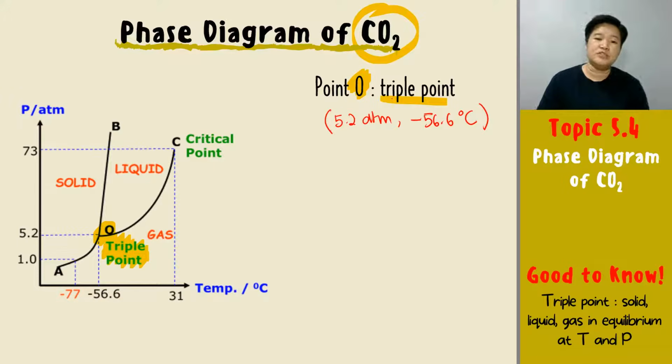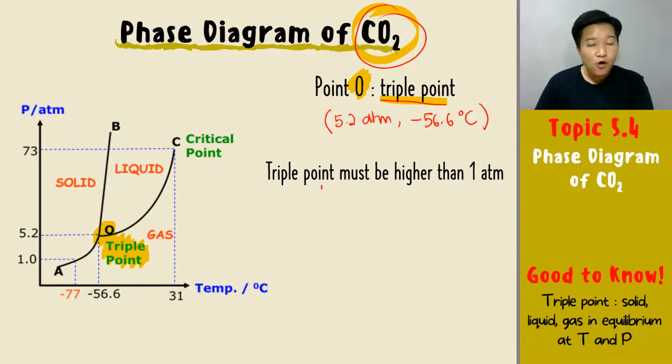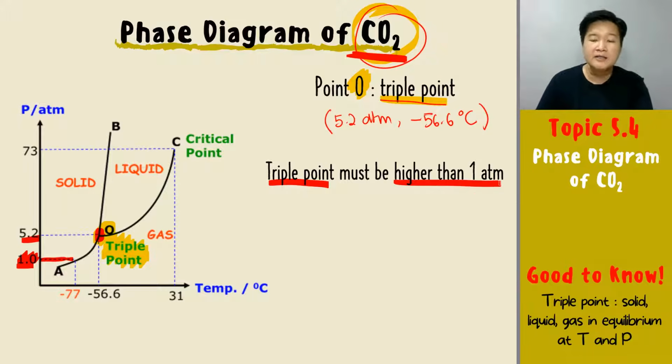That is the position of your triple point for your carbon dioxide. Okay? And as we all agree just now, the triple point for your carbon dioxide over here must be higher than your 1 atm. That is your 1 atm. Okay? Make sure the triple point of your carbon dioxide must be higher than your 1 atm.